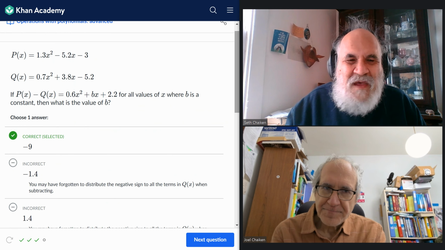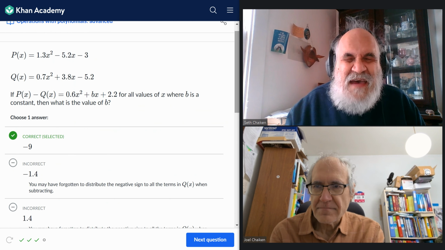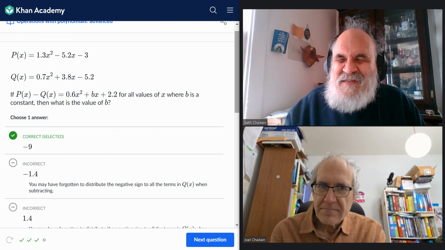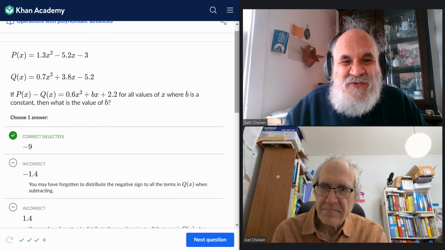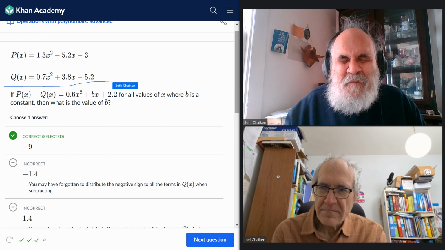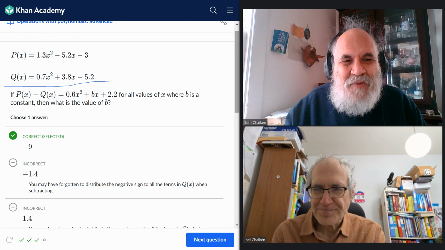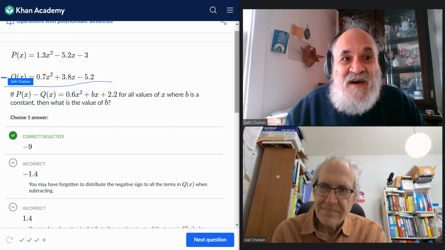And so instead of writing parentheses and all that, the fast way to think about it is to imagine drawing a line under them and putting a big minus sign here.